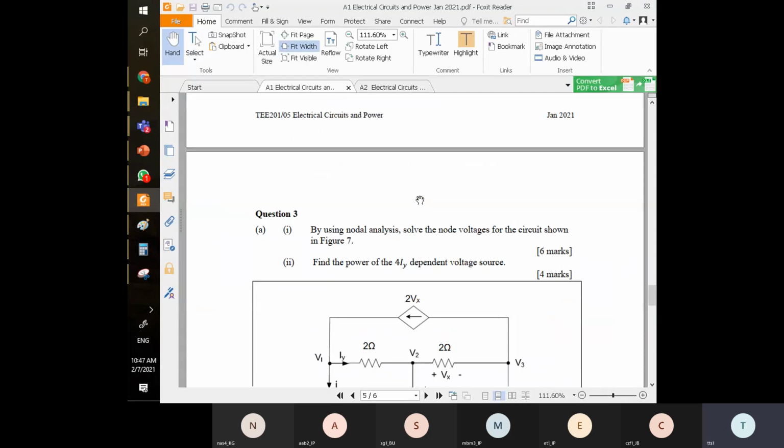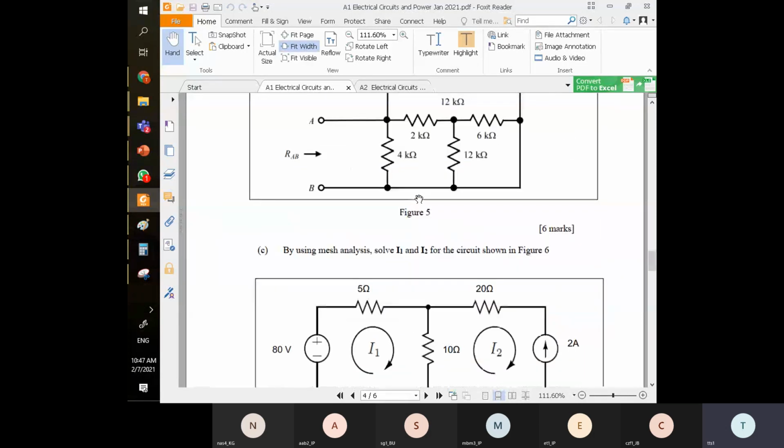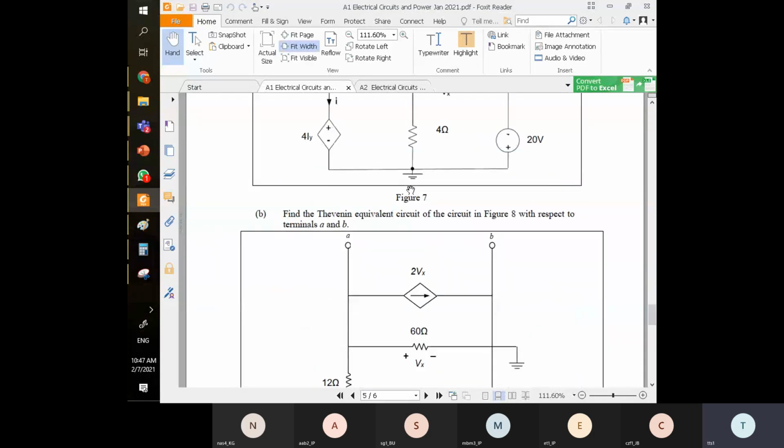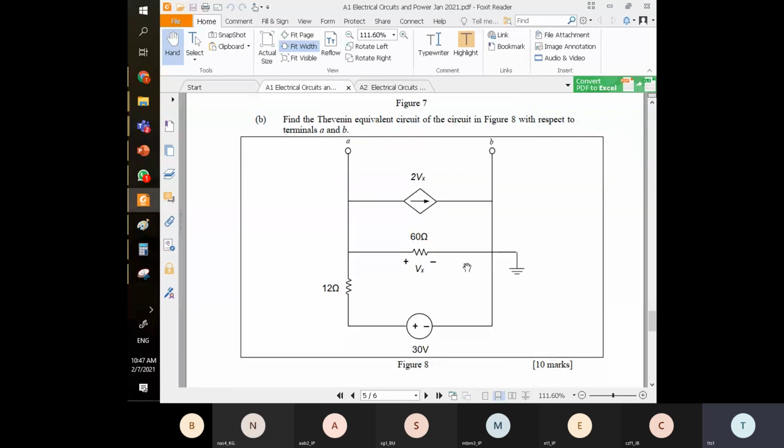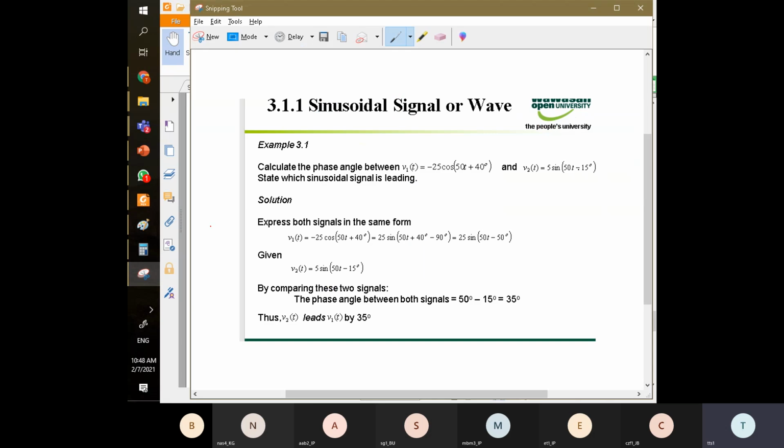For assignment 1 here, the nodal and mesh analysis is quite okay. Only the Thevenin part is quite tricky because of the way they orientate and present this circuit. Actually you should rotate this one 90 degrees. If you rotate 90 degrees, here becomes the 0 volt, and then probably the graph will look better. You know what I mean or not?